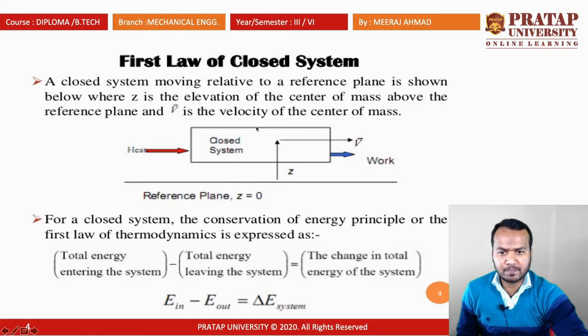When we write the total energy conservation for a closed system, the conservation of energy principle for the first law of thermodynamics can be expressed as: total energy entering the system minus total energy leaving the system is equal to the change in the total energy of the system. The energy input minus energy output is equal to the change in total energy of the system.